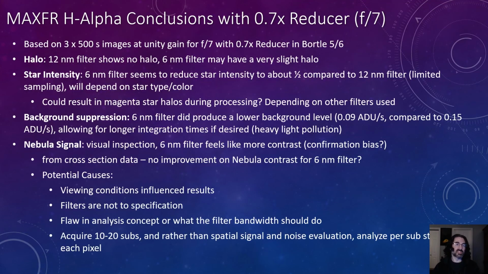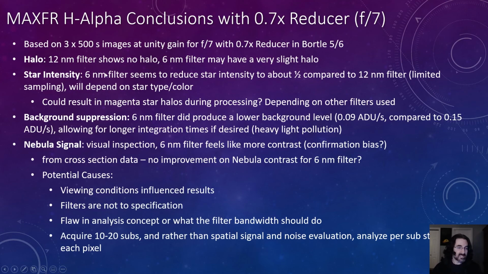Okay, so what can we say about the MaxFR H-alpha filters for using the 0.7 reducer? Based on 3 500-second images at unity gain for an f7 focal ratio in a Bortle 5 or 6 zone: regarding halos, the 12 nanometer filter shows no halos. The 6 nanometer filter may have a very, very slight halo if you look hard enough for it.